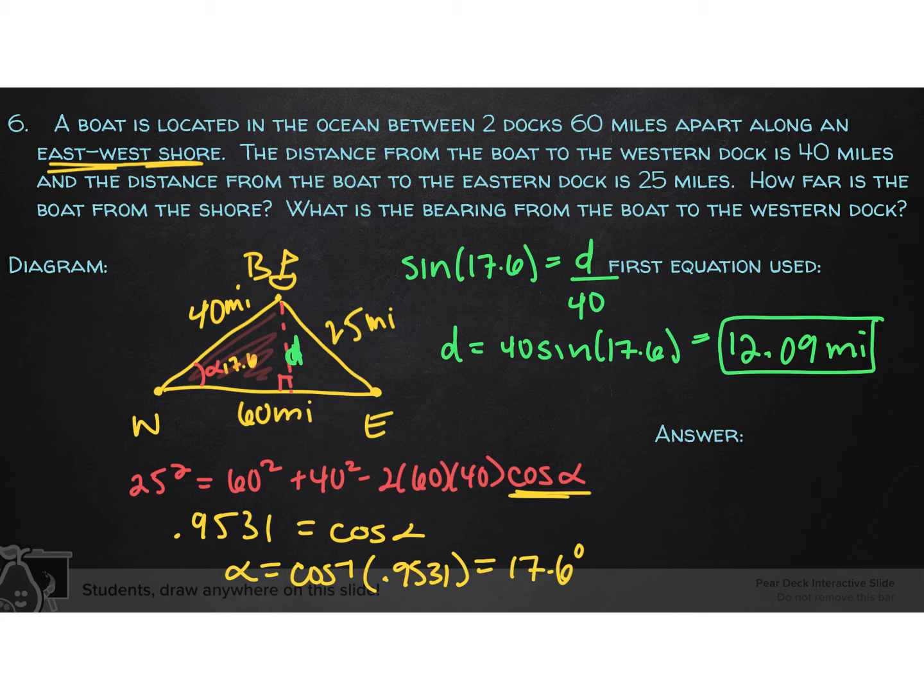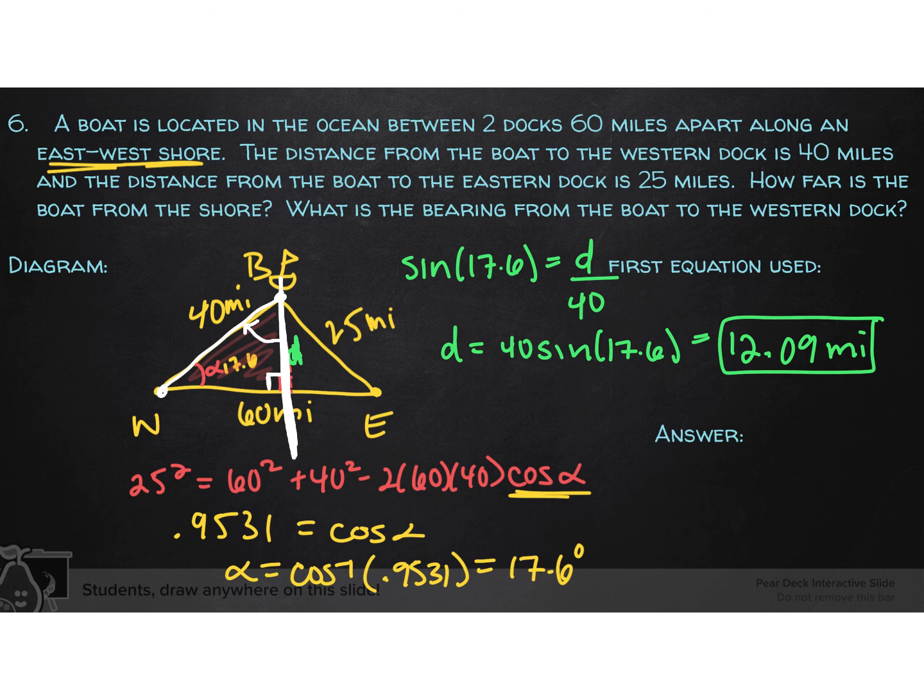The second part of the question asks for the bearing from the boat to the western dock. Okay, so that's southwest. Right, so here's your north-south axis. And then from that, how far do we rotate towards the west? The nice thing is we already have one of those angles.